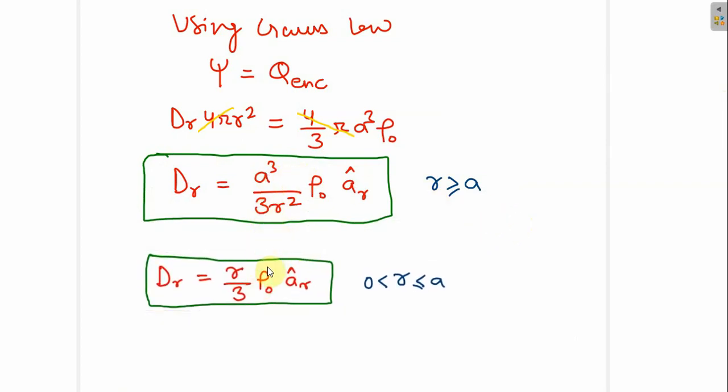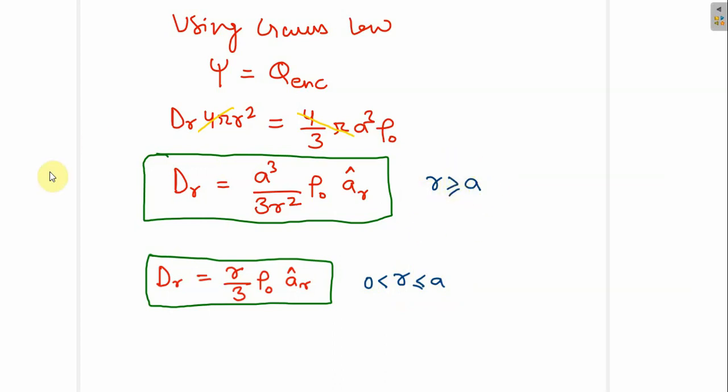So we have the two relations here. Dr equals a cube upon 3 r square rho 0 a r when r is greater than or equal to a, and Dr equals r upon 3 rho 0 a r when r is between 0 and a, that means r is less than a. So this is the inside case and this is the outside case.